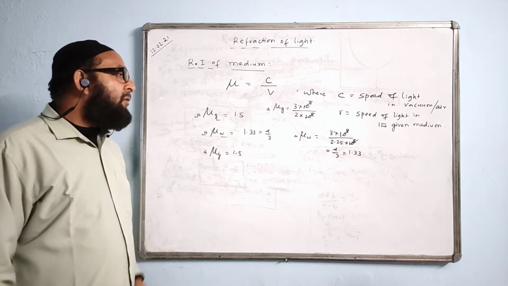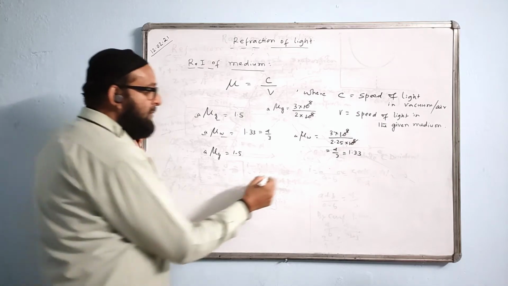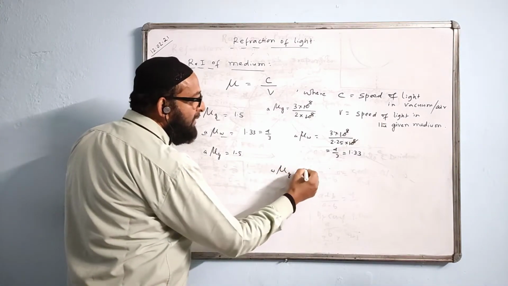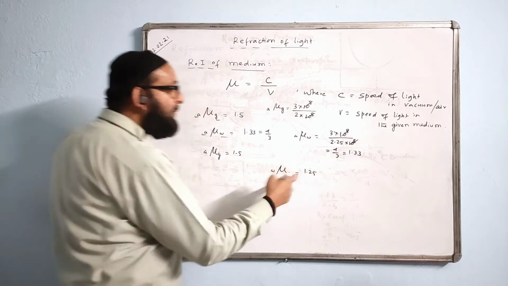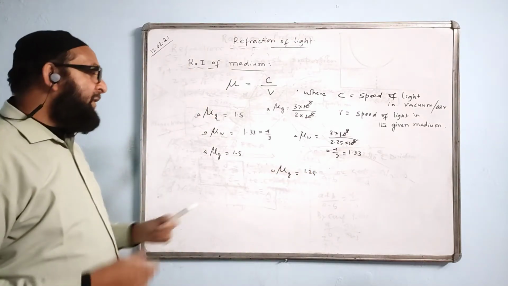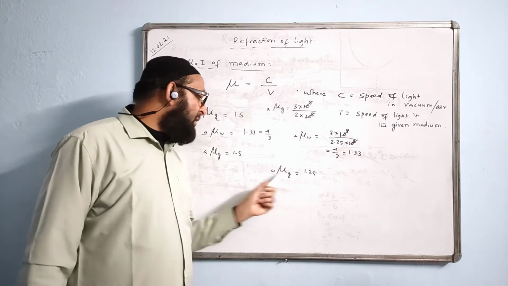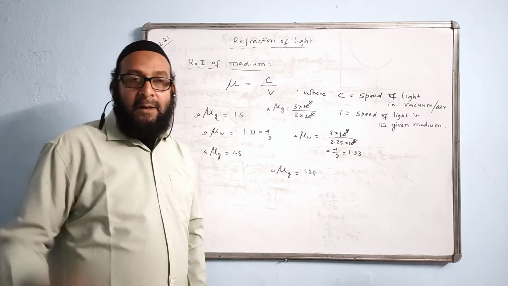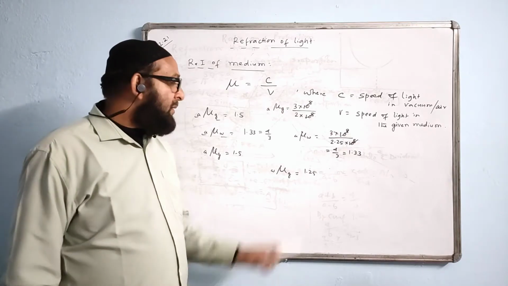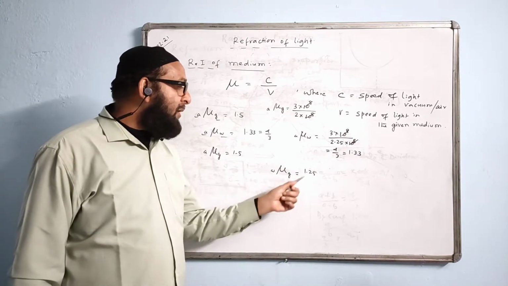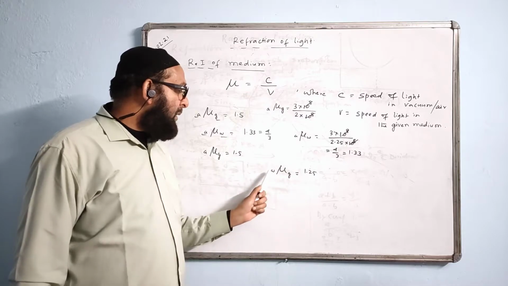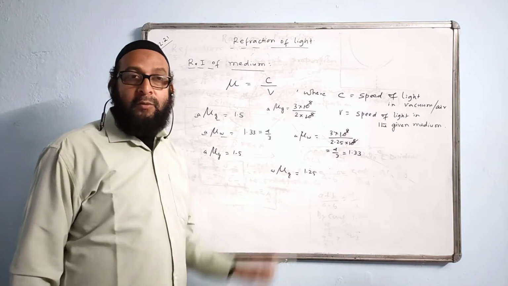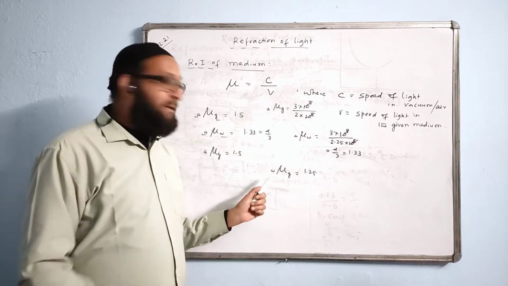Okay. Now, suppose I write glass with respect to water and the value I write here is 1.25. What is the meaning of this? We read it this way: the refractive index of glass with respect to water is 1.25. This statement means that light travels 1.25 times faster in water than in glass, because water is a rarer medium, so light will travel faster there.